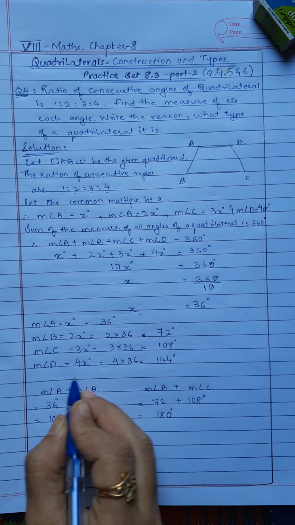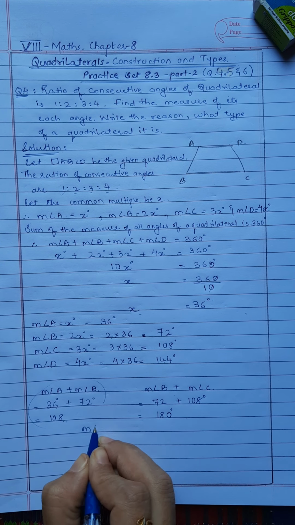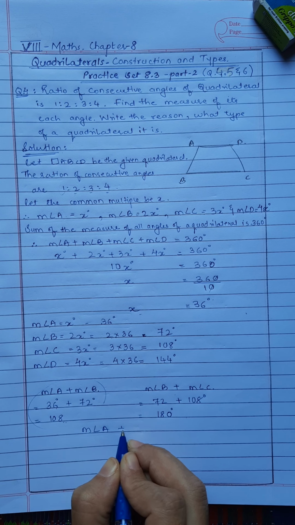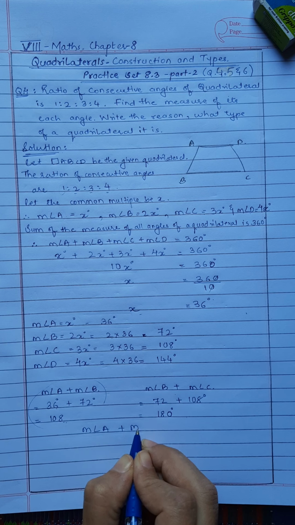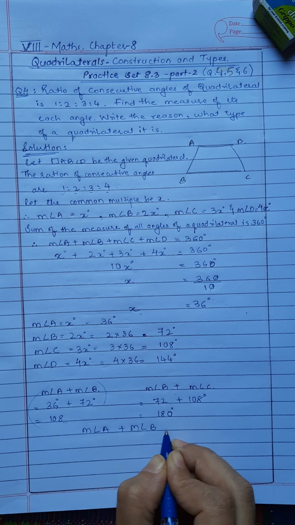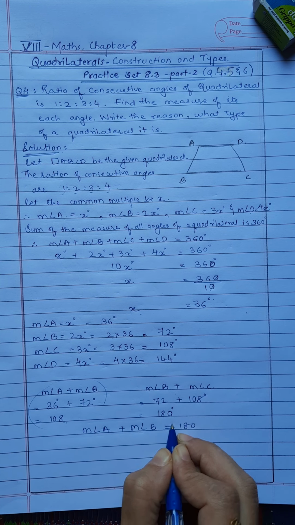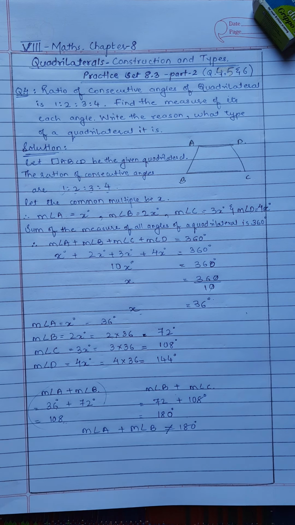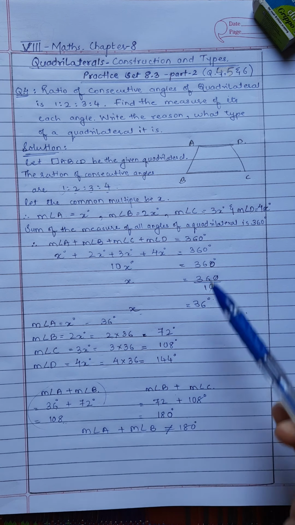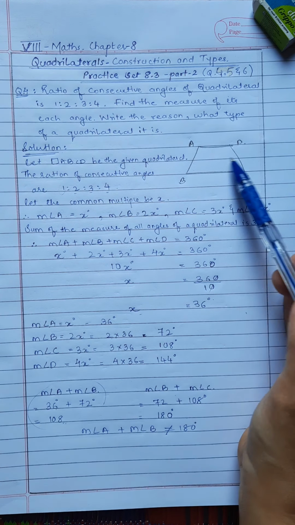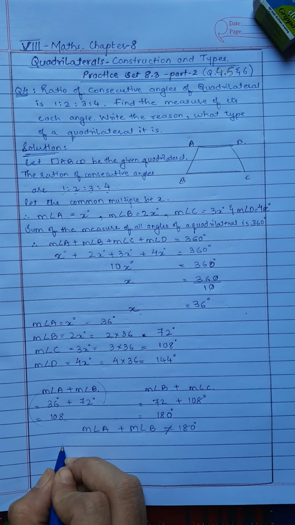It means this is not 180. Measure of angle A plus measure of angle B is not equal to 180 degree. So we can say these two lines will not be parallel.